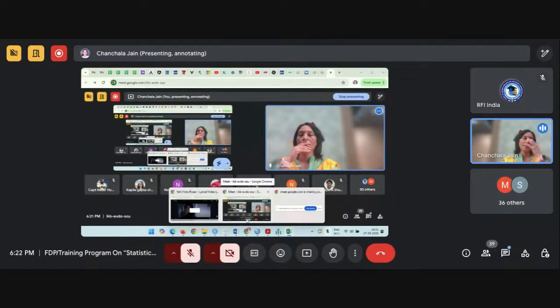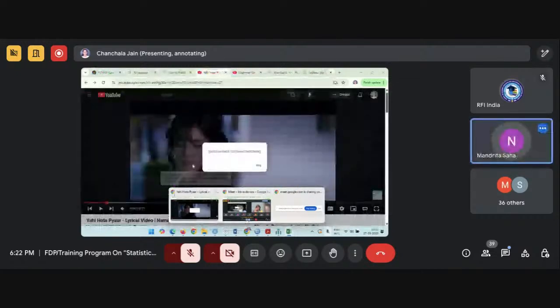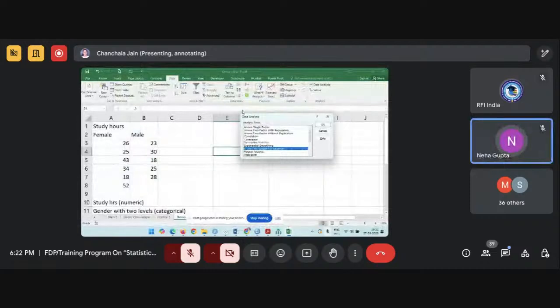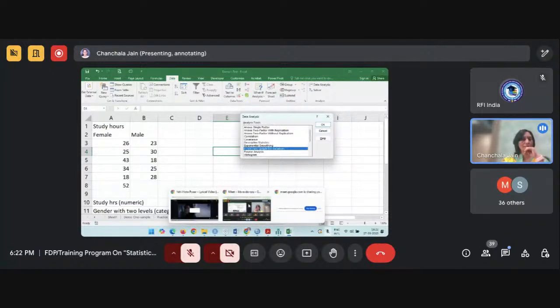Any suggestions from your side? Can we check the variance? Proceed with unequal variances. I think one of you is saying unequal variances, one of you is saying go with the variance testing. So what do I need to do? I think there are so many members. Please suggest what I need to do.